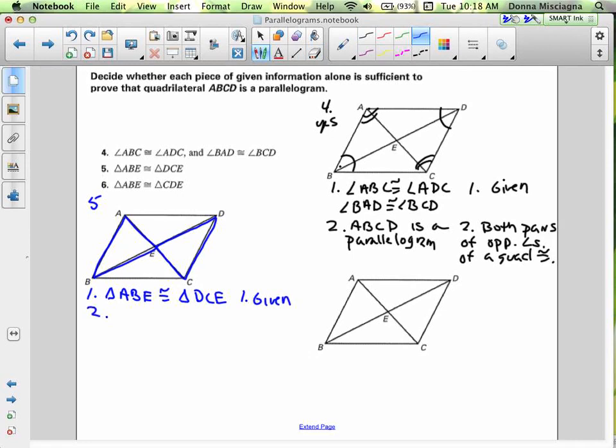If the triangles are congruent, corresponding parts have to be congruent. So AB would have to be congruent to DC. So let's write that. AB is congruent to CD. Let's see what else we can figure out.